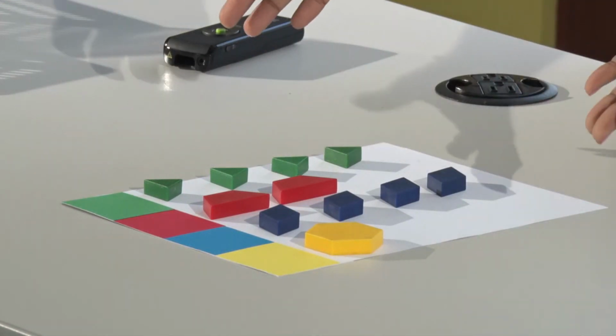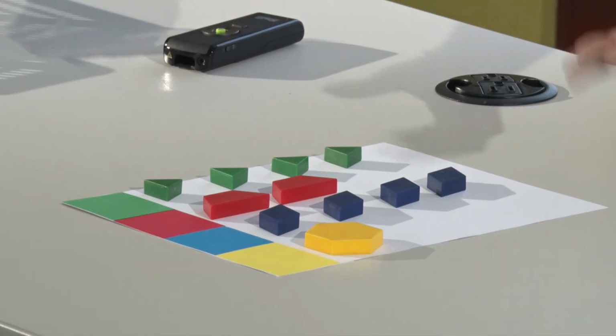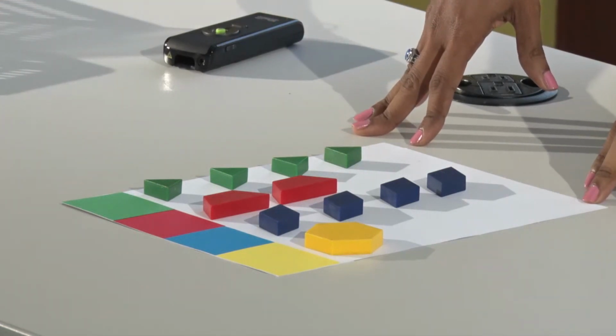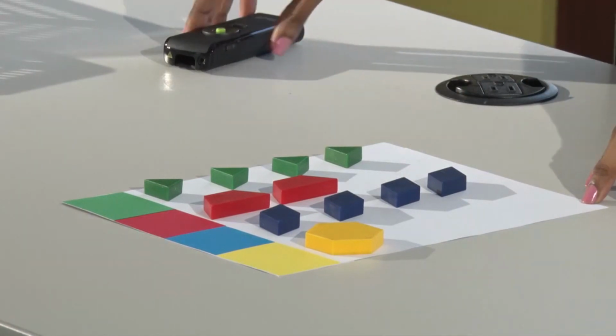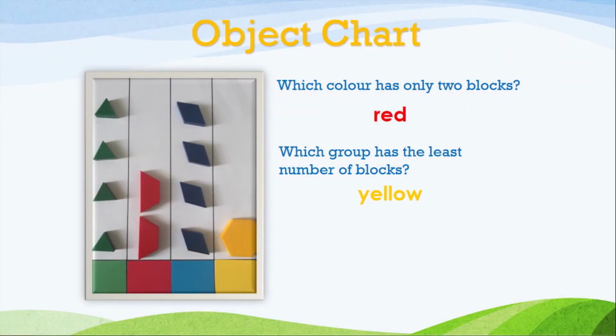Which is the smallest in value? Yellow, only 1. So which group has the least number of blocks? Yellow.